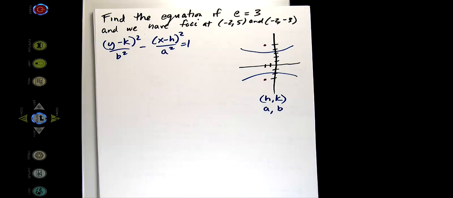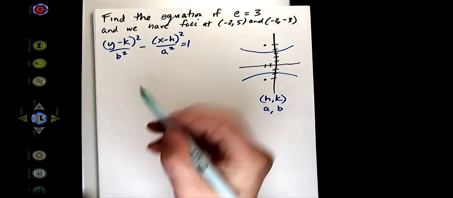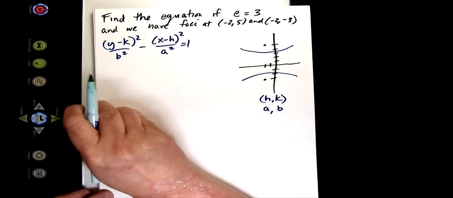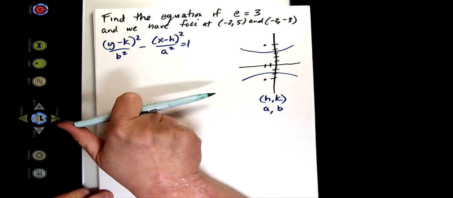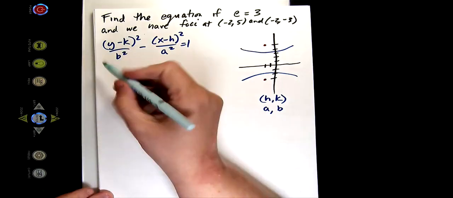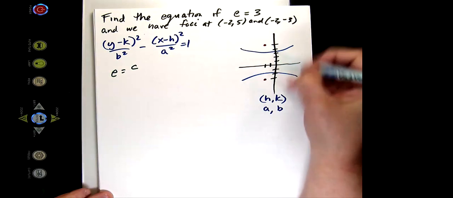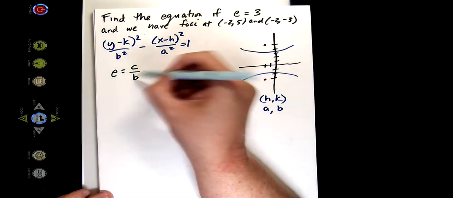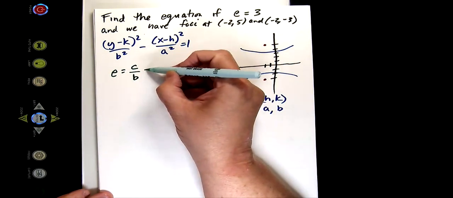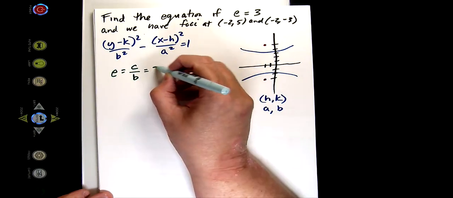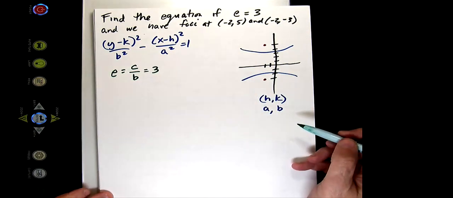It tells me E equals 3 here, but what is the equation for E for this problem? It's C over what? It's C over B because we're going up and down, right? And I know that equals 3. Do I know what C is?